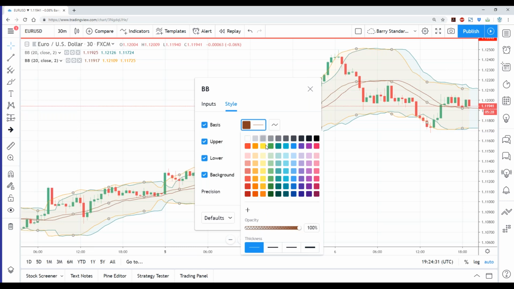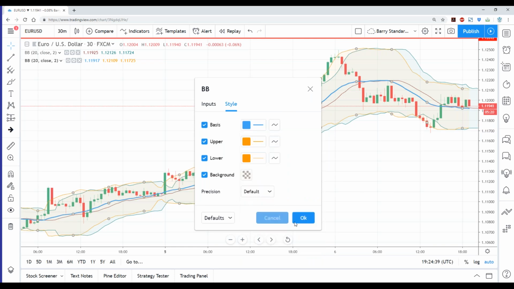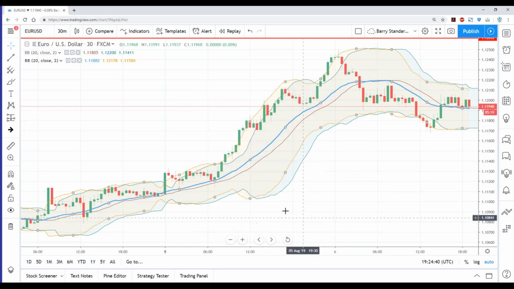The basis band, let's make that blue. Okay, so the orange colored band with the blue center line is now the standard Bollinger Bands, which is using a 20-period moving average.